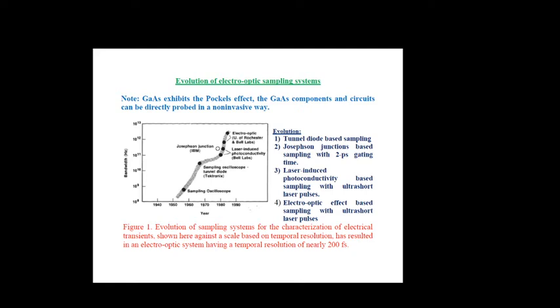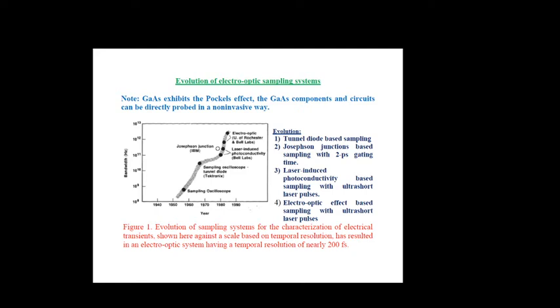Note that in figure 1a, the figure illustrates the evolution of the sampling system for characterization of fast transients over the years. The first technique was based on the tunnel diode and was introduced by electronics in the late 1960s. Using Josephson junctions and cryoelectronics, signals could be sampled with a 2 picosecond gating time.